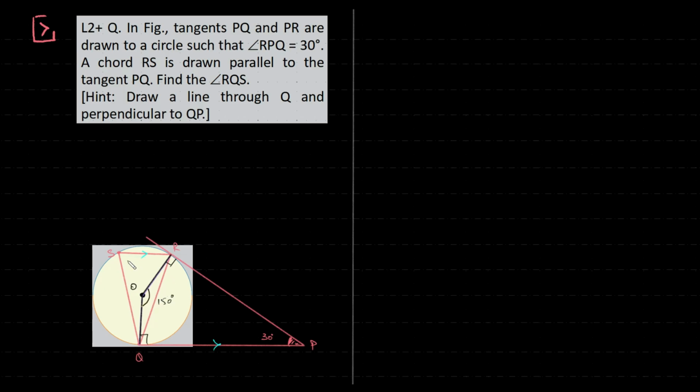So basically, if this is 150, this is 75 degrees. Okay. And next, these two lines are parallel. Now, this we figured out to be 75 degrees, right?